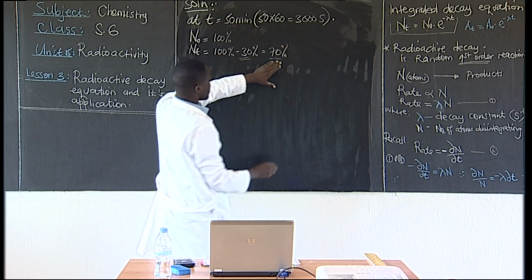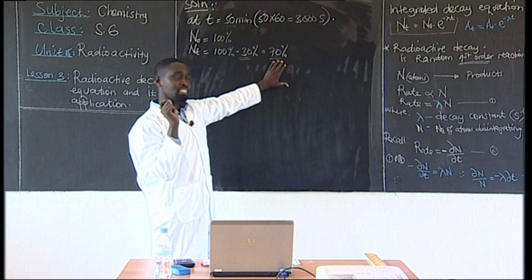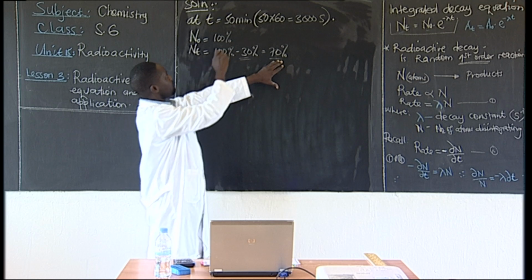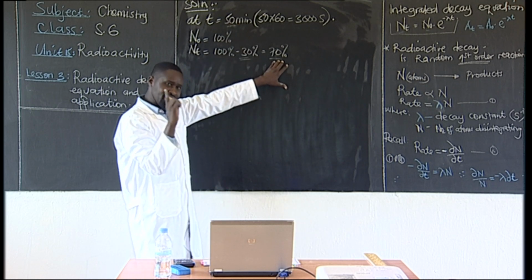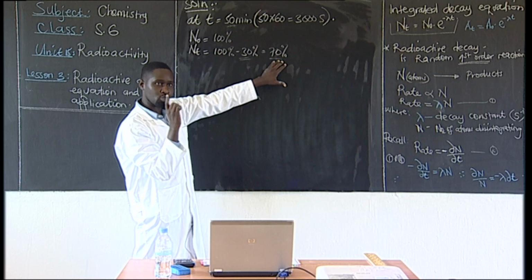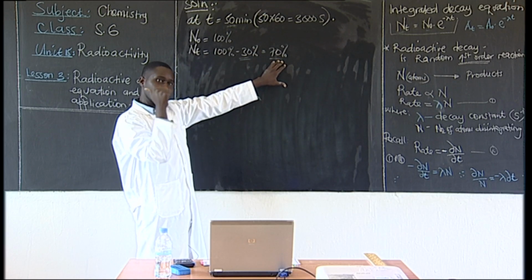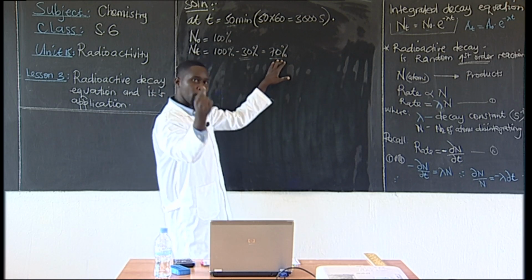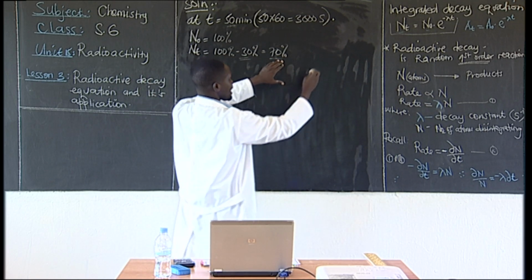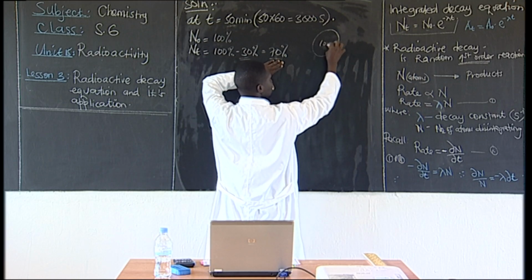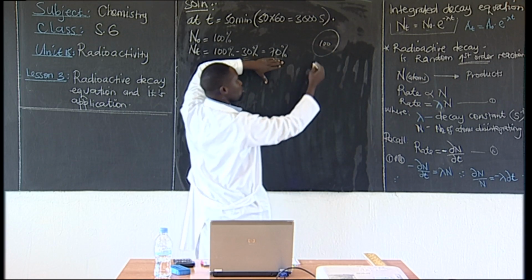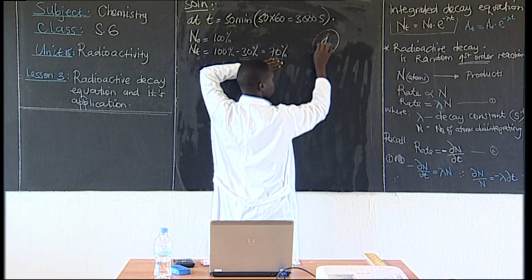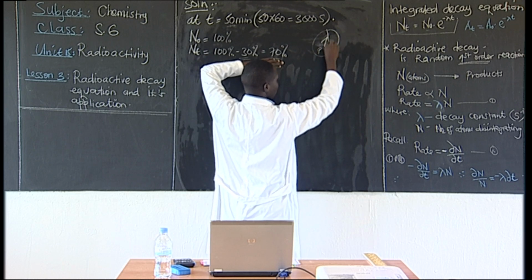Why do I subtract? Why do I have 70% as NT? NT is the number of atoms present after 50 minutes. I need you to critically interpret that question. A radioactive decay for phosphorus was found to be 30% complete, indicating if you're having this as 100, or maybe call it 1, you're having 1 atom of phosphorus, and it is breaking down.